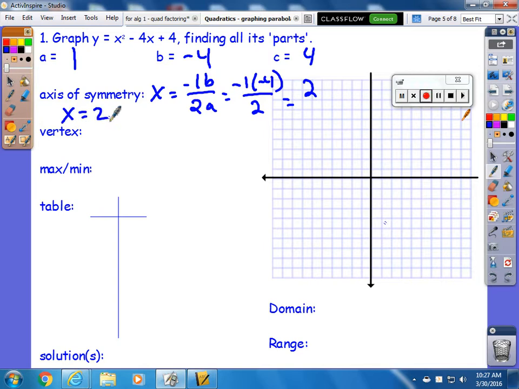So by plugging into my axis of symmetry formula, I solve for x. X is equal to 2. Now to get the vertex, to get the y coordinate, I have to plug that x back into the original quadratic equation to solve for y. So please watch.